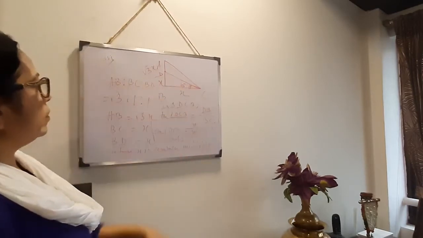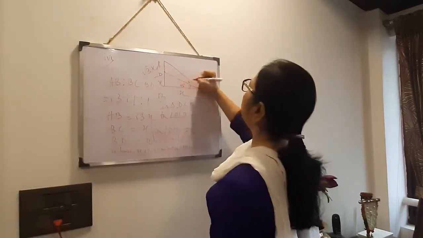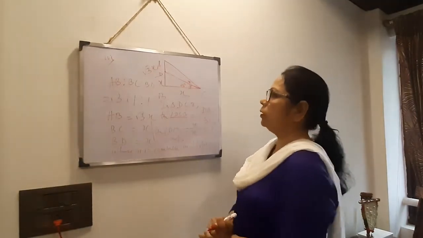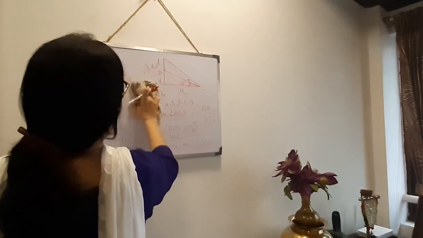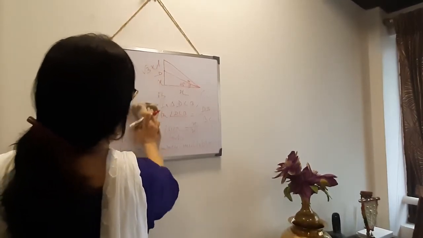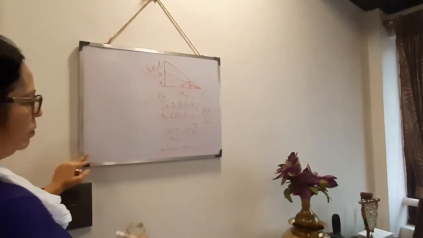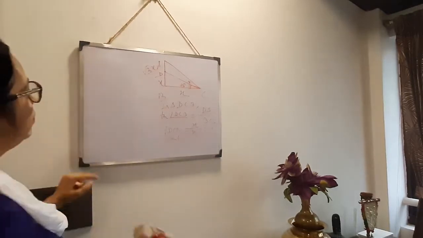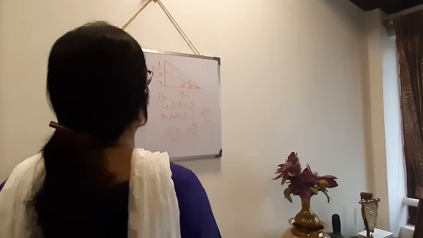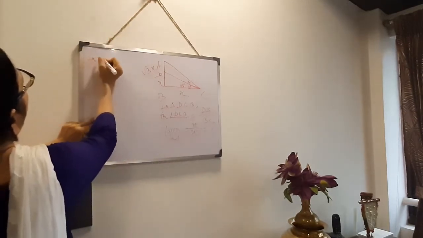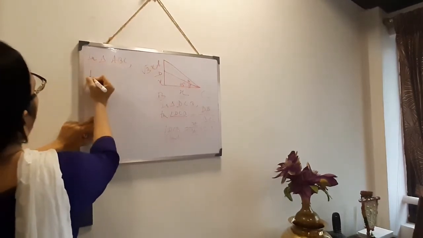We have got this. You have to calculate angle ACD. That means this portion, this measurement you have to calculate. Clear? So what to do? Now you see. We'll take now full triangle ABC. In triangle ABC, what we can write?